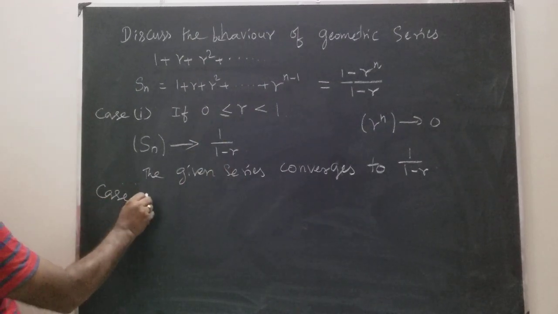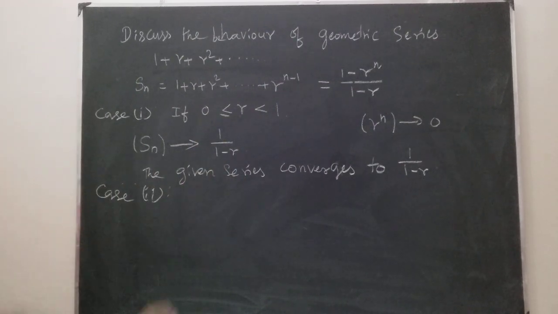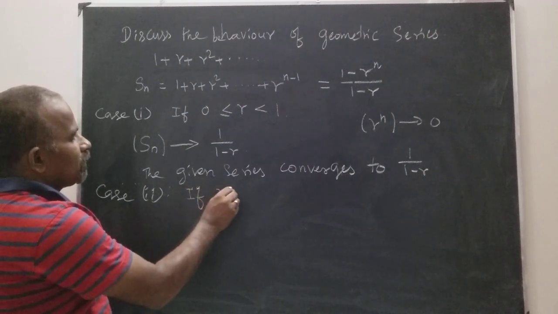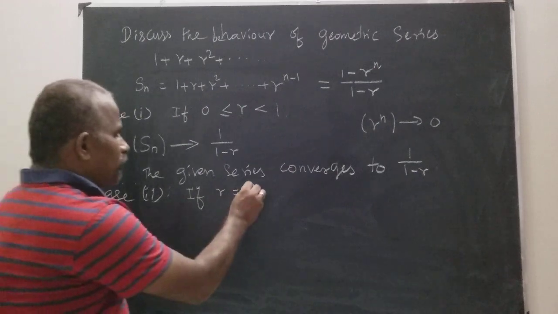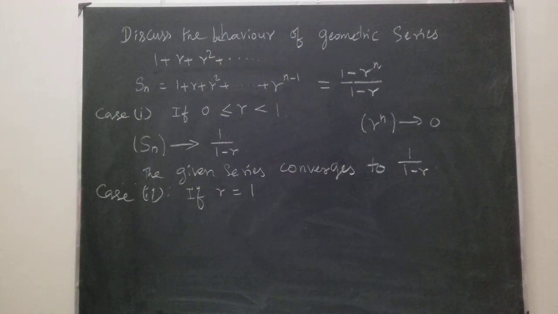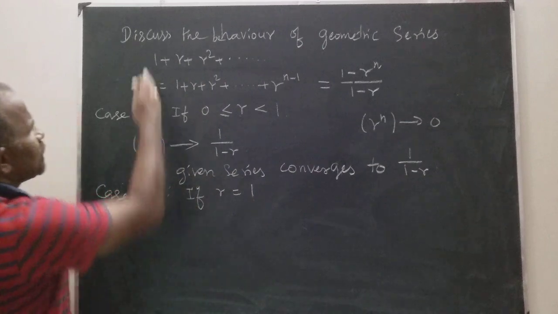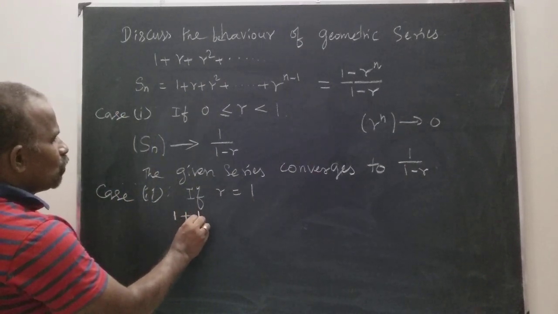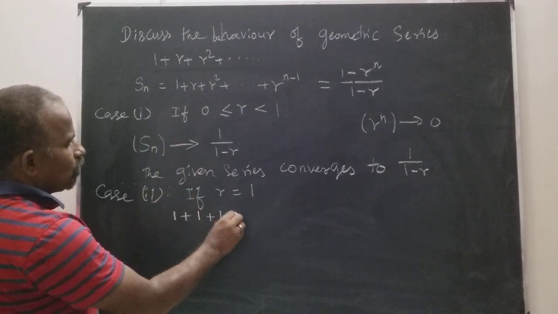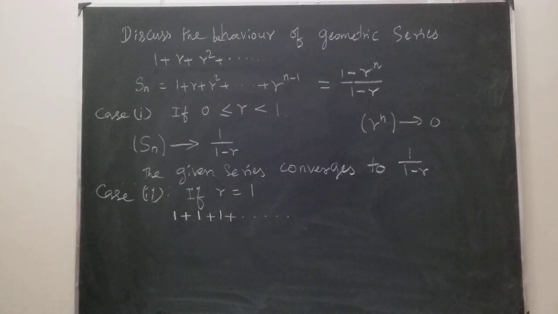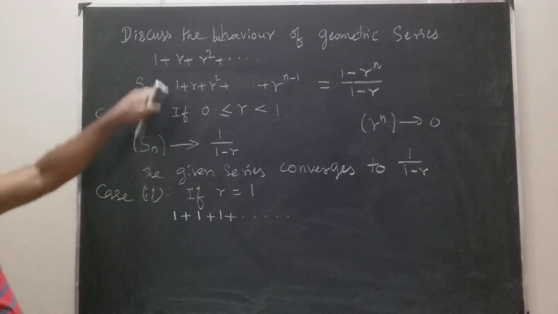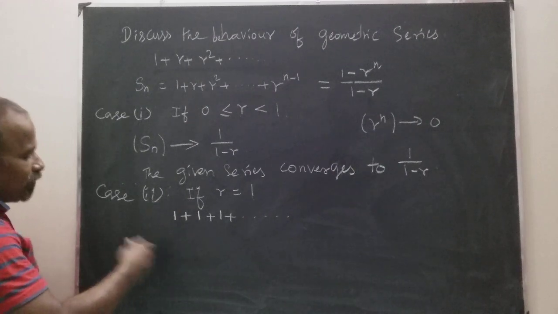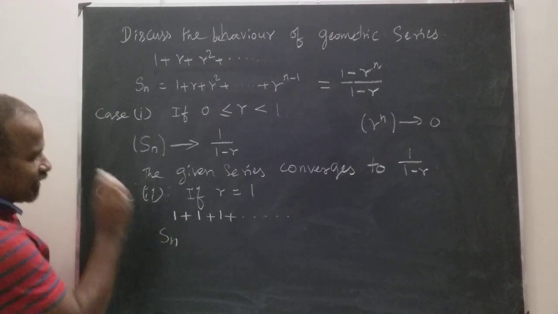Case 2. R is equal to 1. The series becomes 1 plus 1 plus 1 plus etc. Now the sequence of partial sum of the series is Sn.